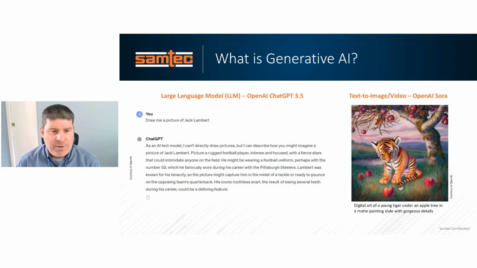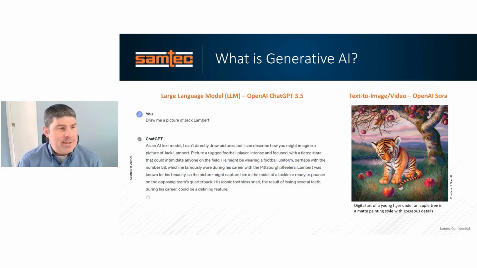It is interesting, though, that the answer ChatGPT gives about Jack Lambert talks about his iconic toothless snarl. If you're a Steelers fan or just a fan of NFL football from the 70s, one of the iconic covers of Sports Illustrated from the 1970s was Jack Lambert with two missing front teeth after the Steelers beat one of their opponents at the time.